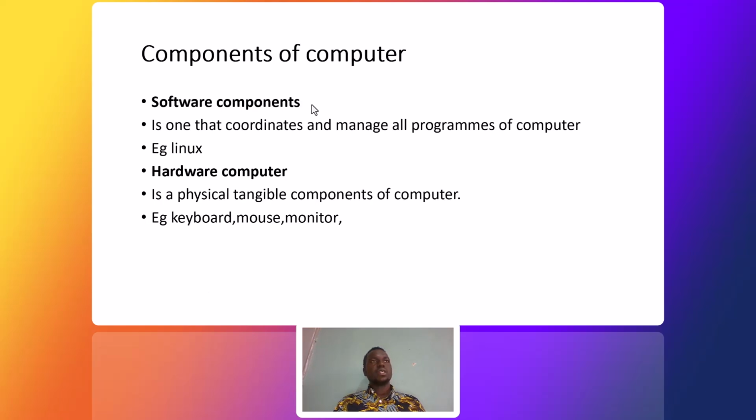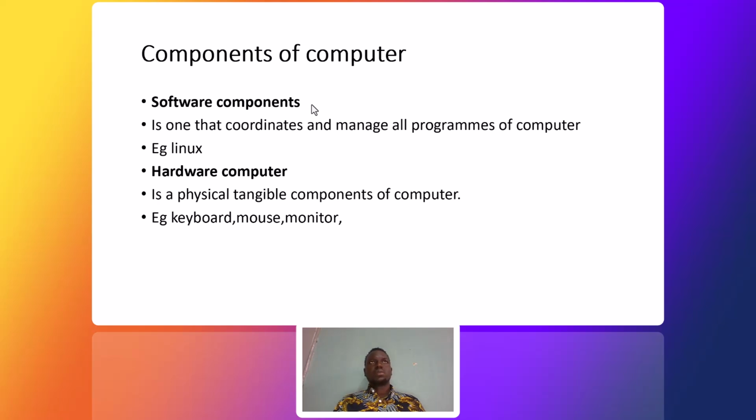If you take a look at the computer itself, it has components. What are these components all about? First of all, the first component you have to bear in mind is the software component. It is one of the components that coordinates and manages all the programs of the computer.